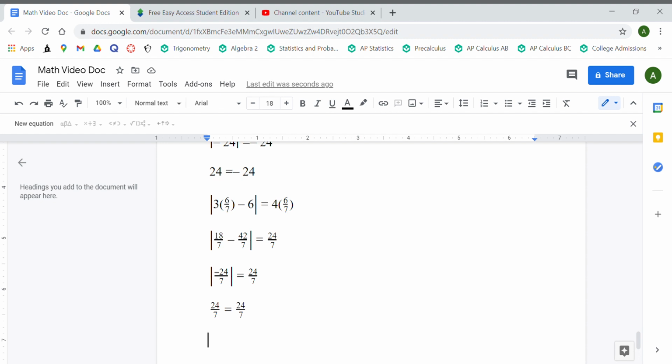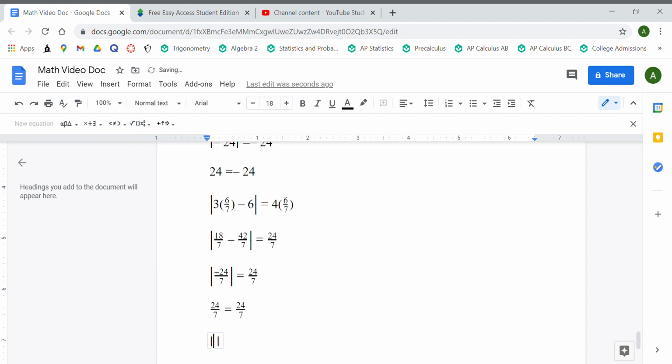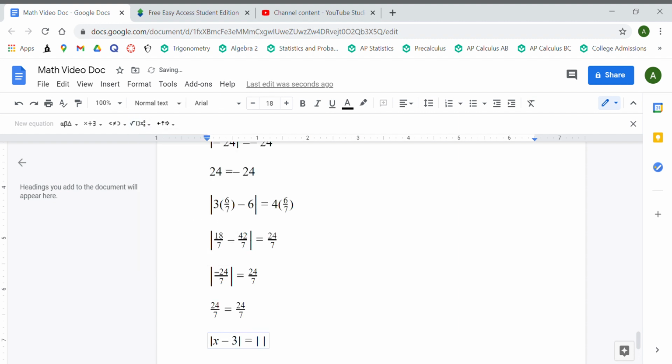but I want you to try to work this out on your own. It's going to be an equation with variables. It's going to be an equation with two absolute values. However, I'm going to write it in a way where the coefficients are the same.